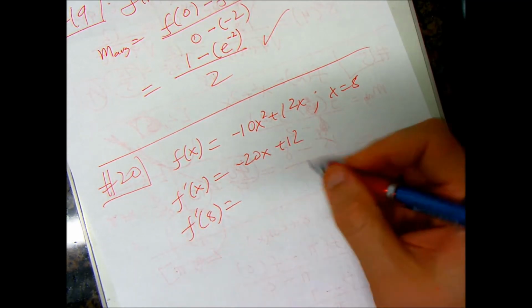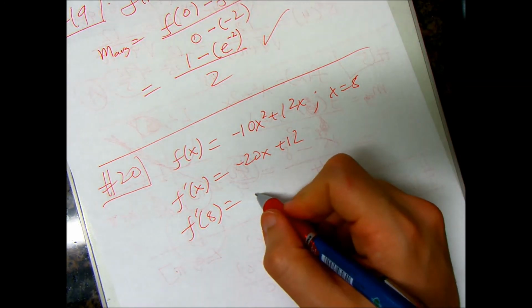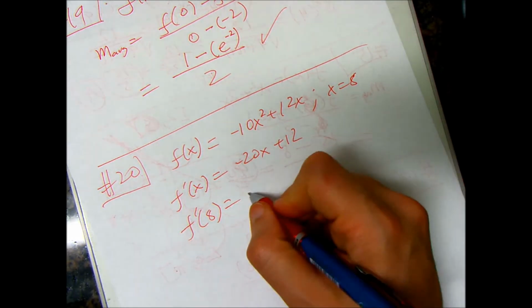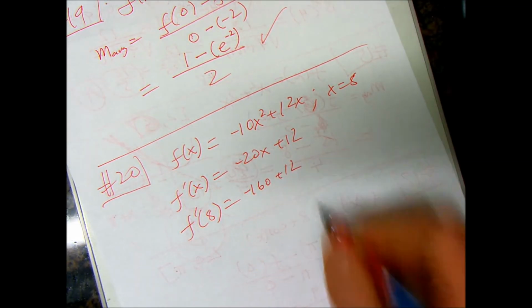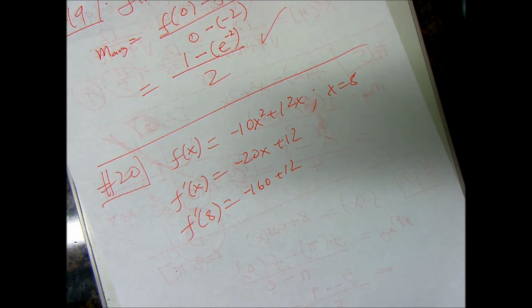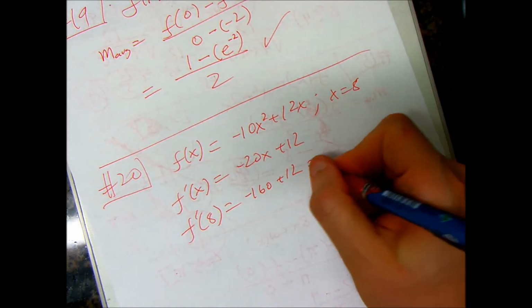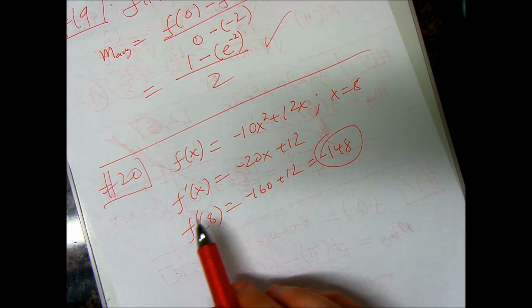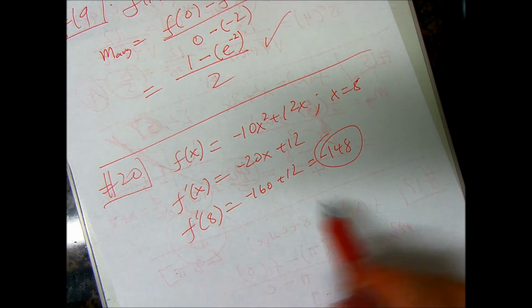Plug in 8. So -20 times 8 is something. It's late. 160. -160 plus 12 is 148. Okay? So f prime of 8 is -148. It's D.